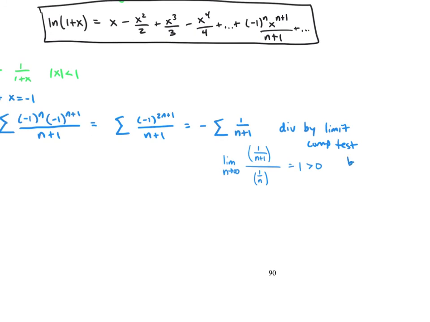And the reason is that I'm comparing it to the series 1 over n, and that diverges by the p-series test. So that's kind of a lengthy one. There's a couple ways we could probably do that, but there you go.